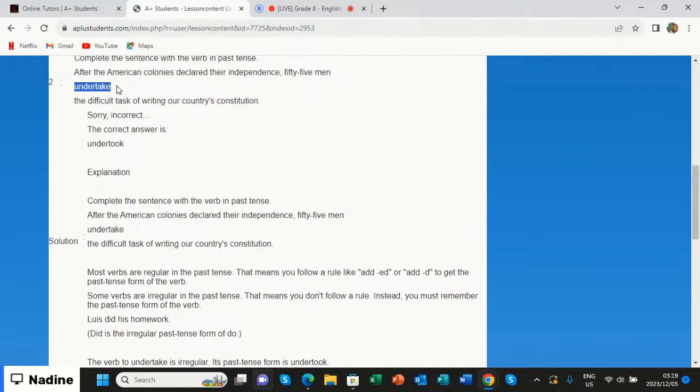So we need to complete the sentence with the verb in the past tense.